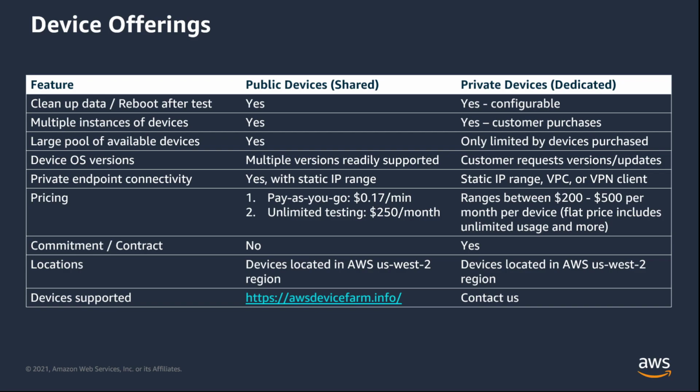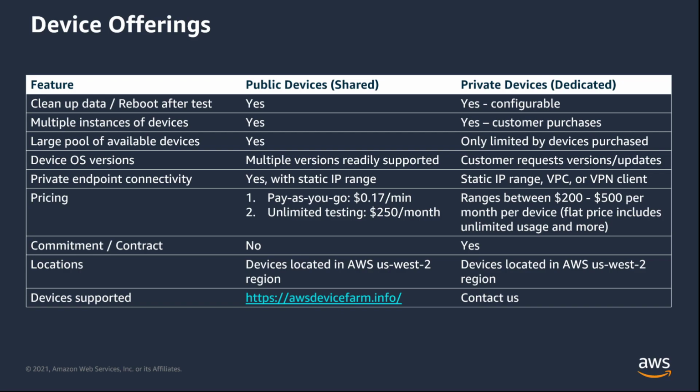Both public and private devices provide options to connect to your private endpoints or lower environments. The option to use Amazon VPC is available for private devices only. Public devices provide two pricing models. A pay-as-you-go model at 17 cents per minute and unlimited testing, where you purchase concurrency at $250 per slot per month, where the number of slots is equal to the concurrency.